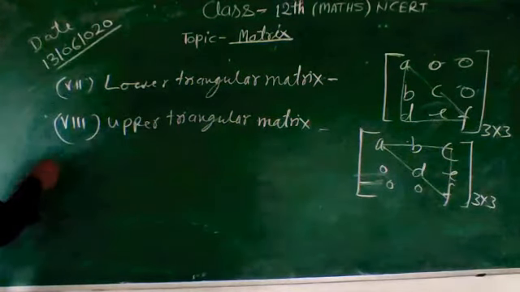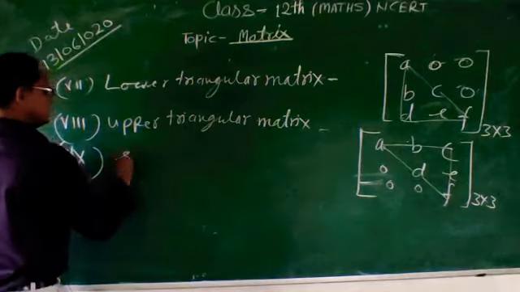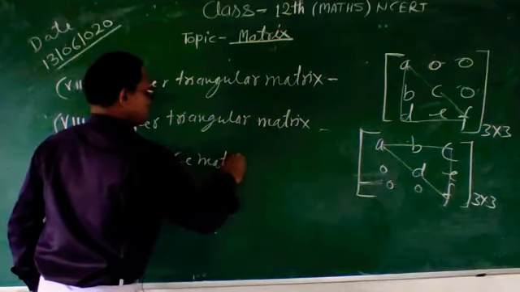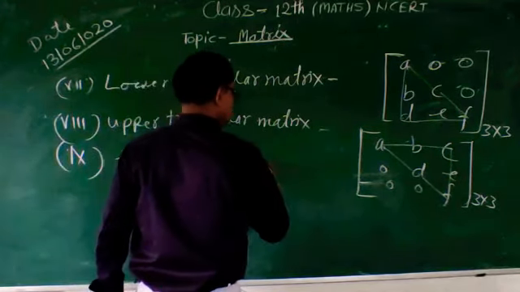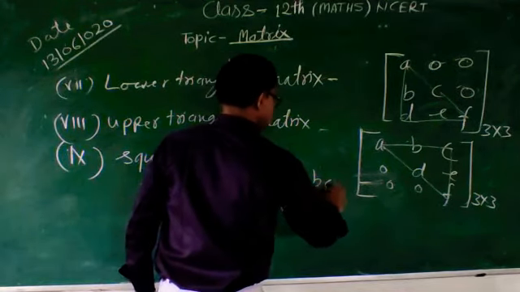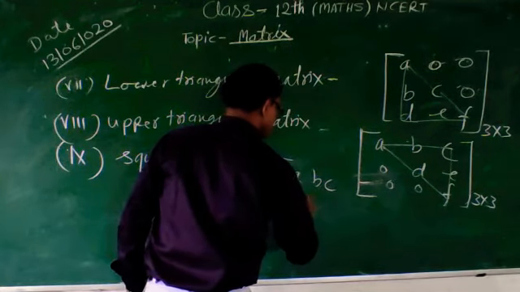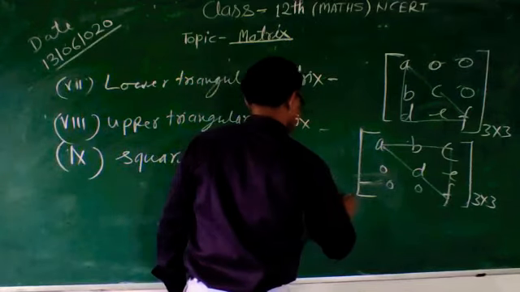Square matrix. What is a square matrix? We show it with A, B, C, D, E, F and so on.